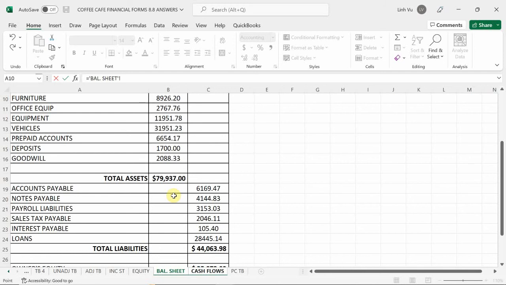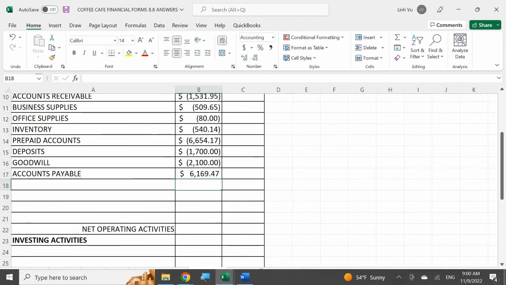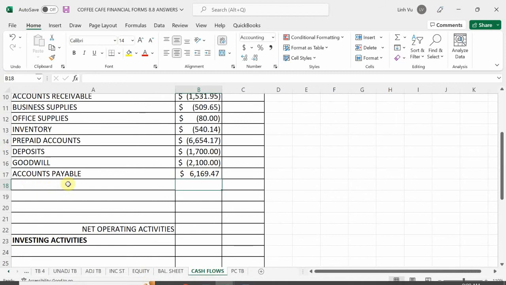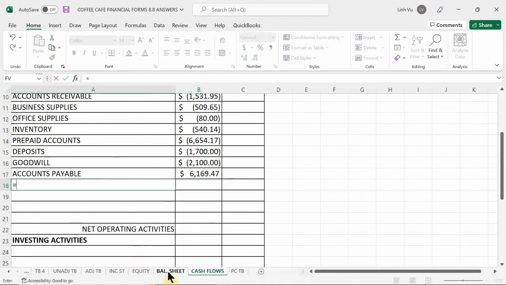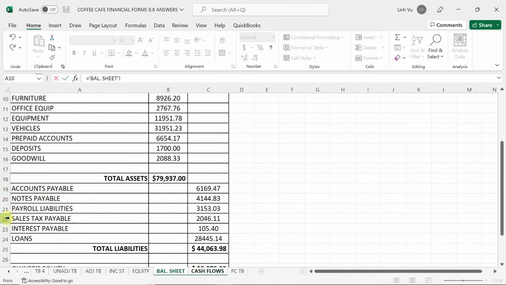Therefore, I actually have $6,169 because I never spent the money to pay for these bills. So I need to add that back into my net income because I never spent the money in the first place.